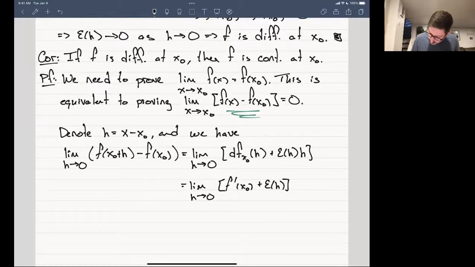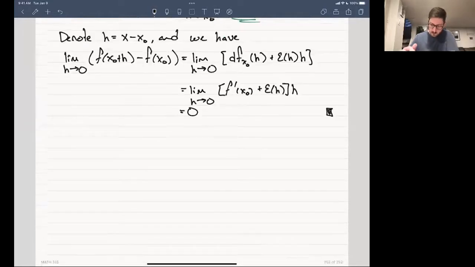I'll factor out an h here because that h that's been factored out is going to sink everything and gives me that this is equal to 0, which if you trace it all the way back up, tells you f of x0 plus h is approaching f of x0. Gives us exactly what we want, tells us we've got our nice continuity here.